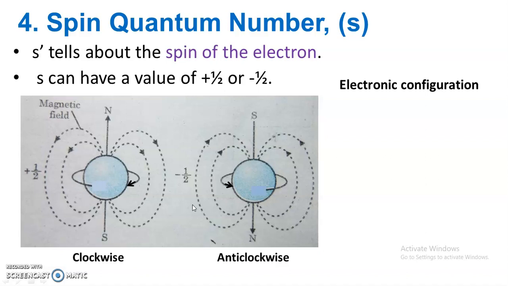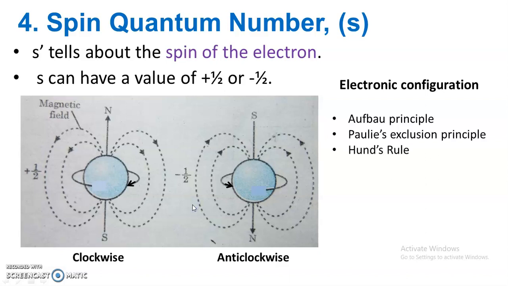Electronic configuration is the assignment of the given number of electrons to a certain set of orbitals, and it is based on three important rules or principles: Aufbau principle, Pauli's exclusion principle, and Hund's rule of maximum multiplicity. According to the Aufbau principle, the electrons occupy the orbitals of lowest energy level first.